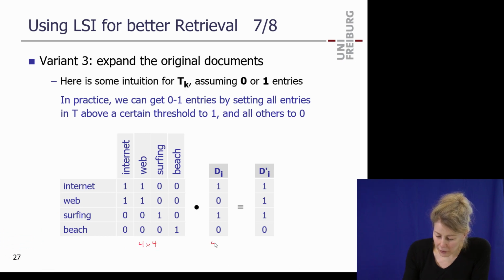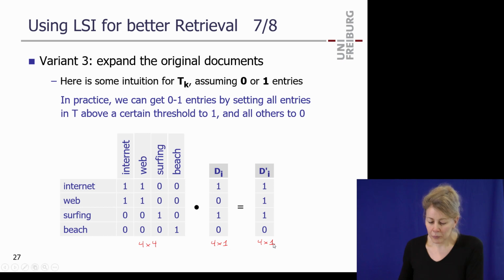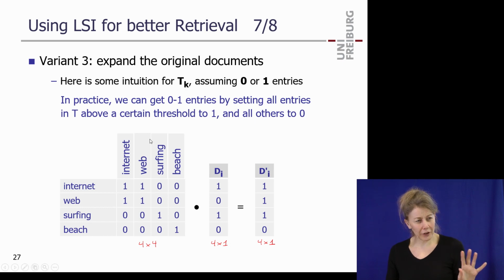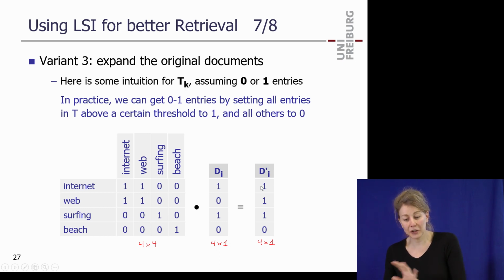Here I write it as a column vector, and here I've already written words along the matrix because there's a very interesting intuition here. What happens if I have a document vector in the original space, I multiply it by the 4 times 4 matrix, and I get another vector in the original space, which would be a vector of my reduced rank matrix.